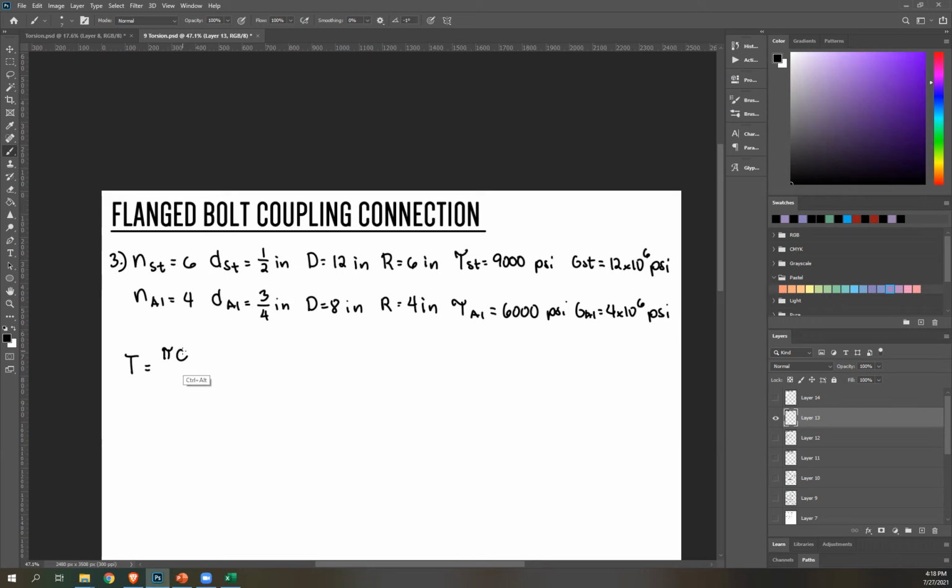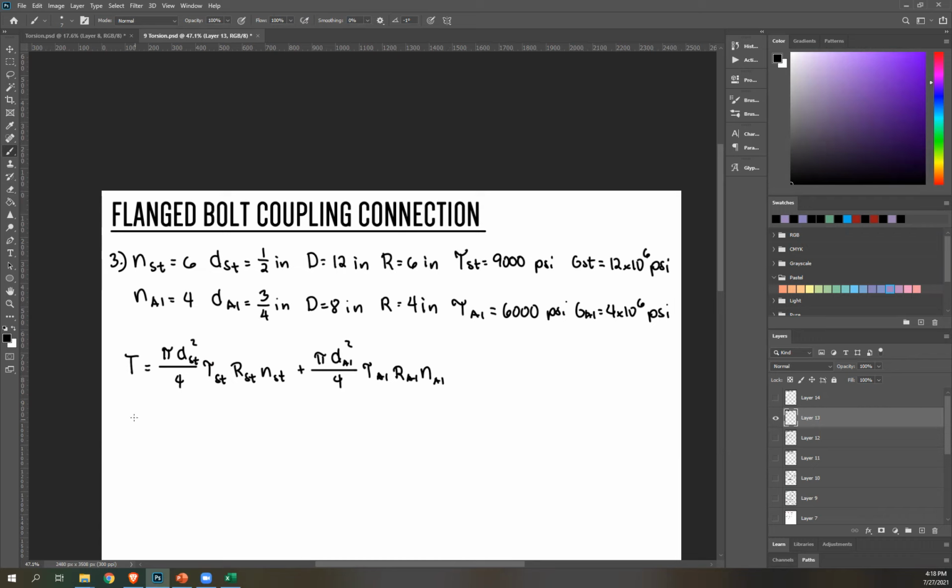Pi d1 squared over 4 times the shear stress of steel, R of steel, and N of steel, plus pi d of aluminum squared over 4, shear stress of aluminum, R of aluminum, and N of aluminum.